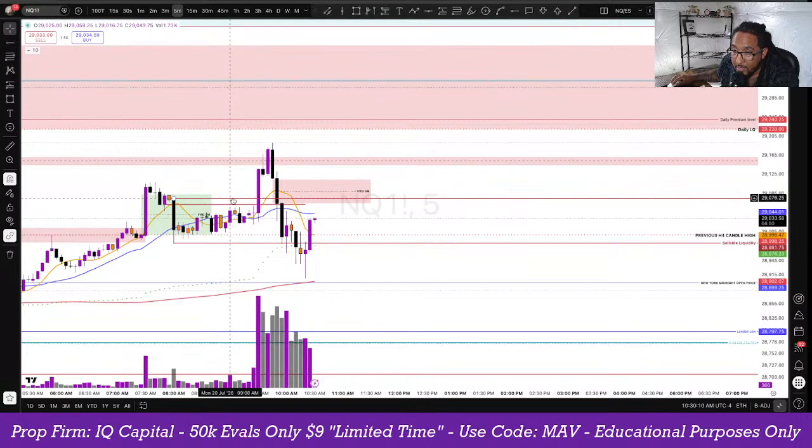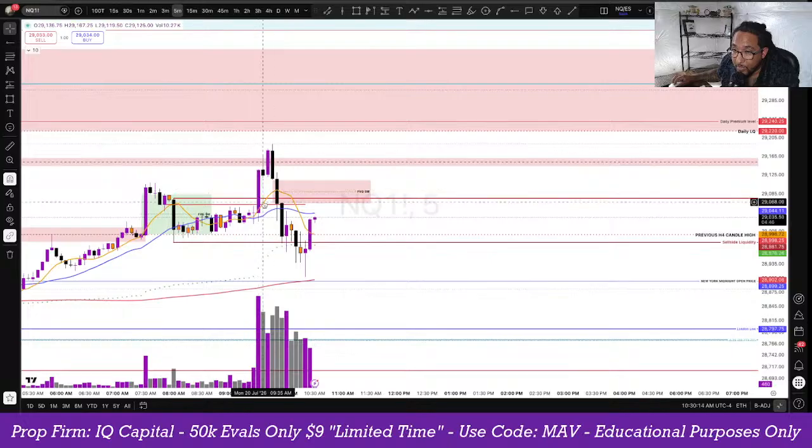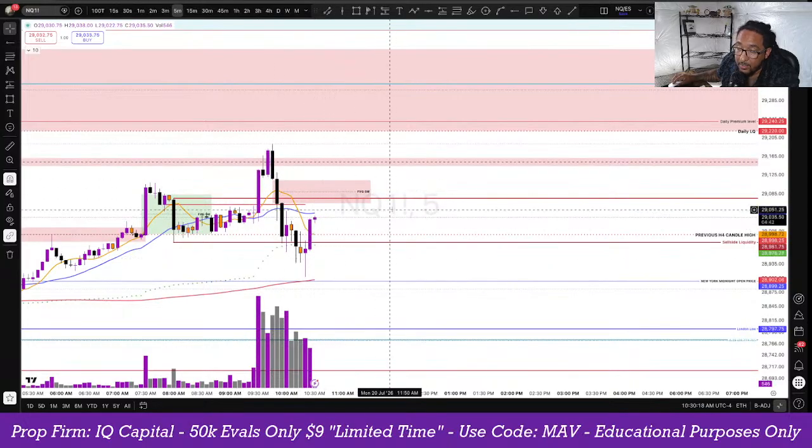This was our 8 a.m. high here that we swept during the open, came back down, swept these lows, and that was our trade.